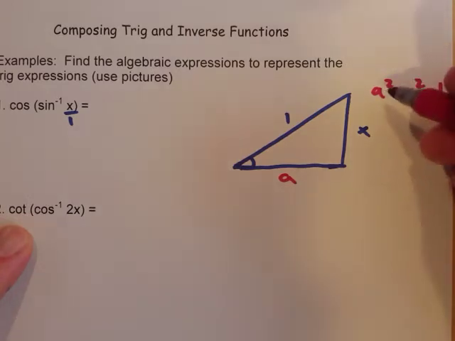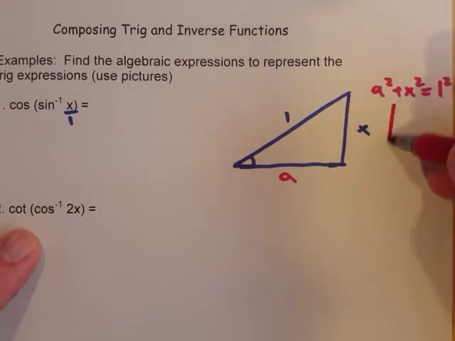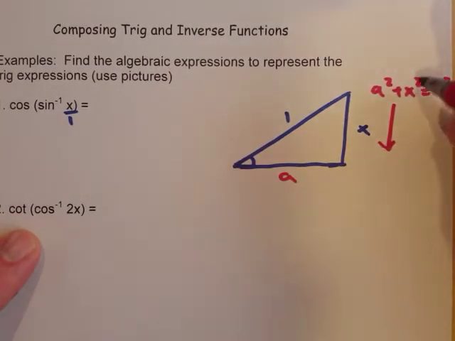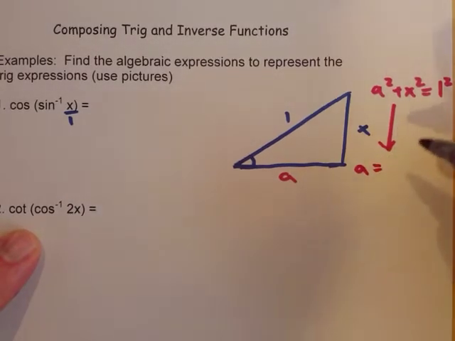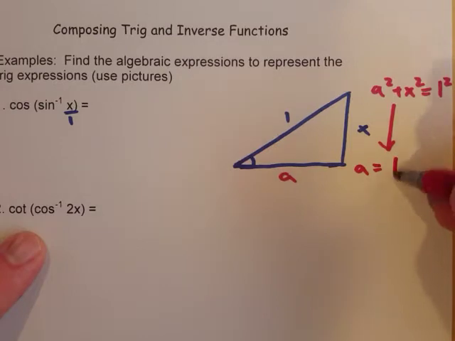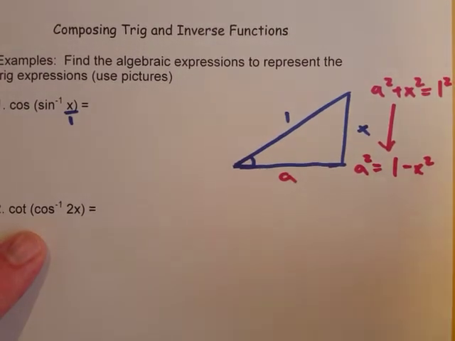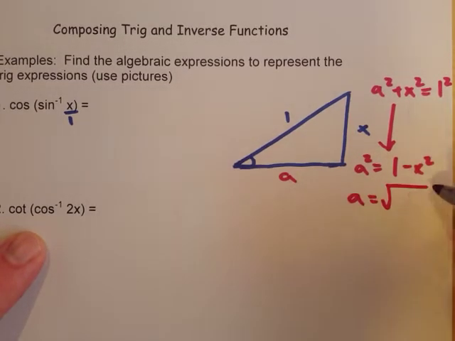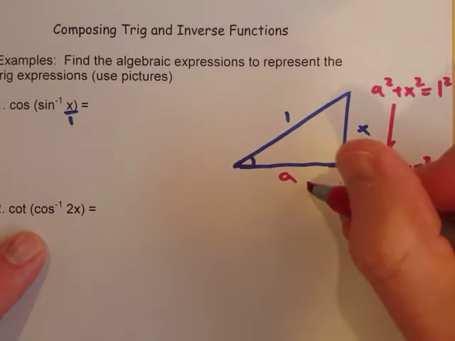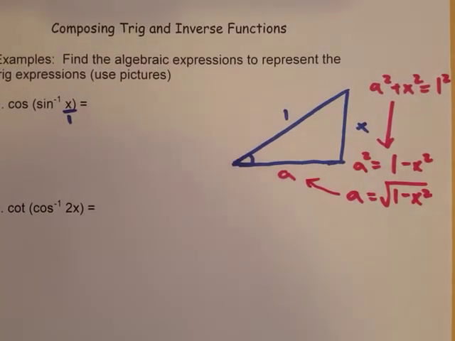And then we want to get a by itself. So we're going to subtract x squared to the other side. a squared is equal to 1 minus x squared. So we square root both sides, and then a is going to be equal to the square root of 1 minus x squared. So that is right here. That's what our a side is going to be.